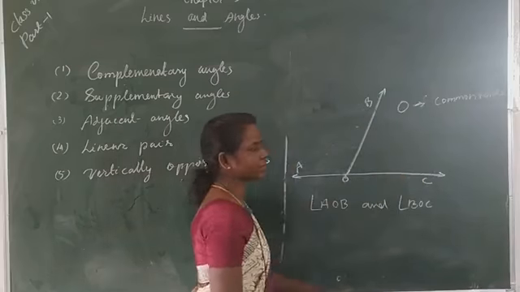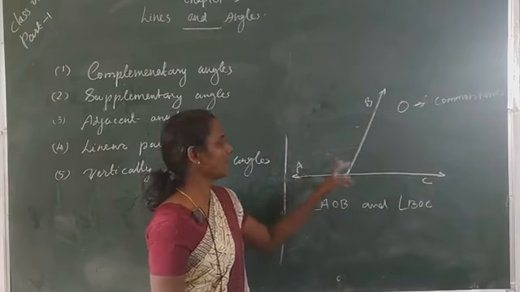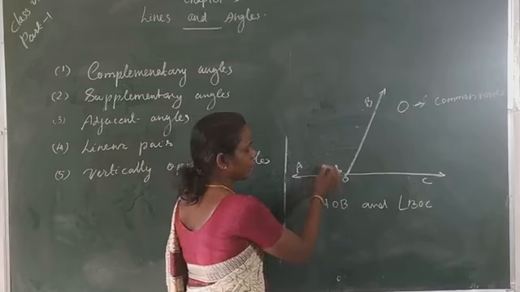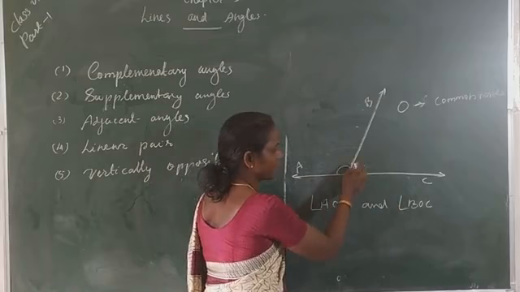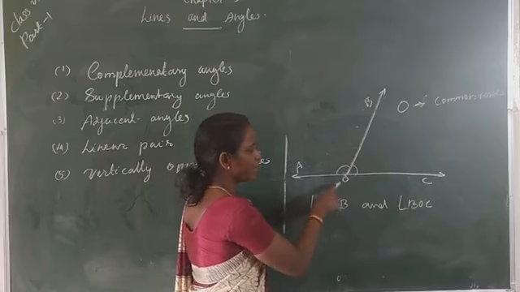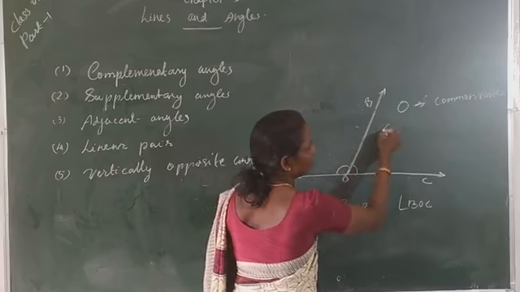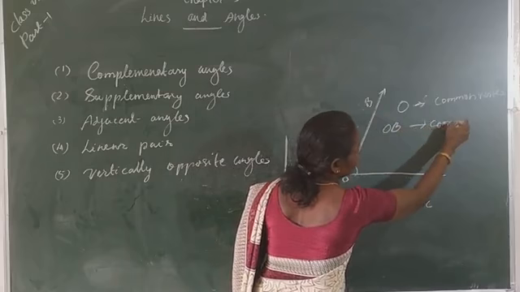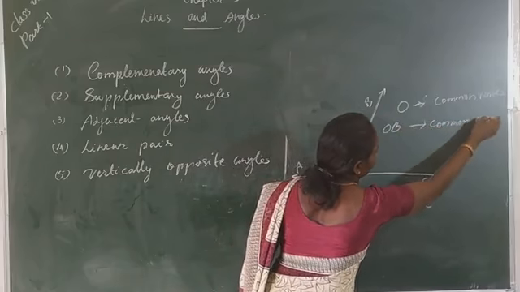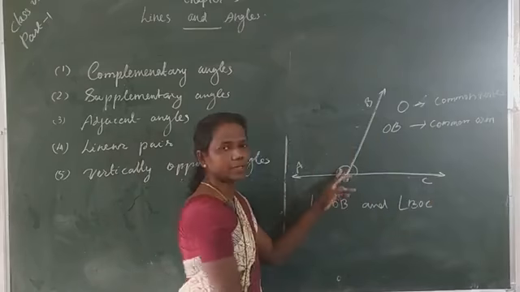And the common arm of these two angles, one angle is this and the other is this, is the common arm OB.